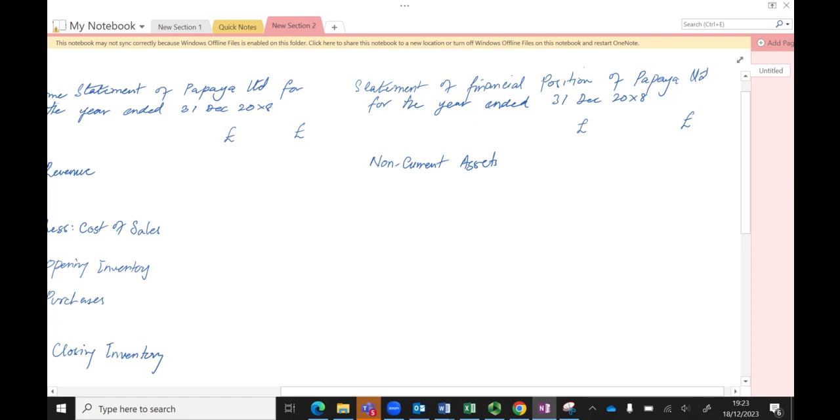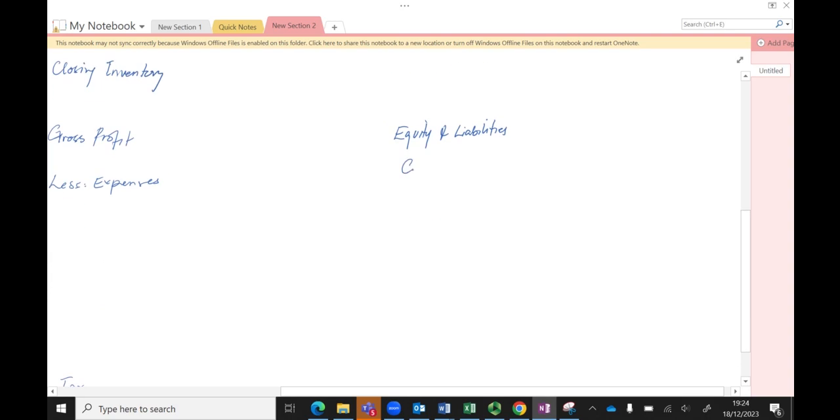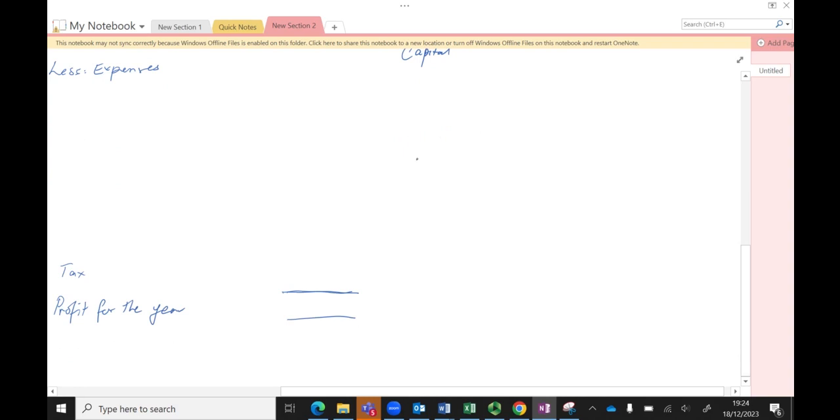Then current assets. Equity and liabilities. We have capital. We have current liabilities. And then we have non-current liabilities.